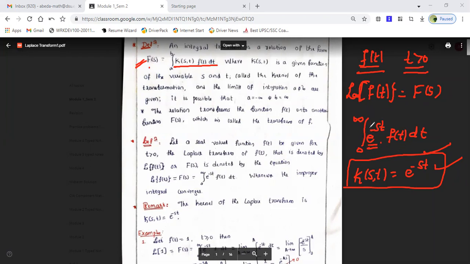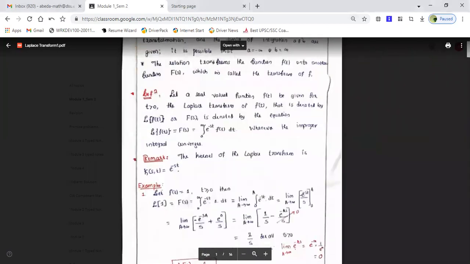This is the very important definition of the Laplace transform. Whenever this improper integral from 0 to infinity converges, we call it the Laplace transform. And the remark I have given: the kernel of the Laplace transform is K of s,t, which is equal to e to the power minus st. What is important here is to remember the definition.